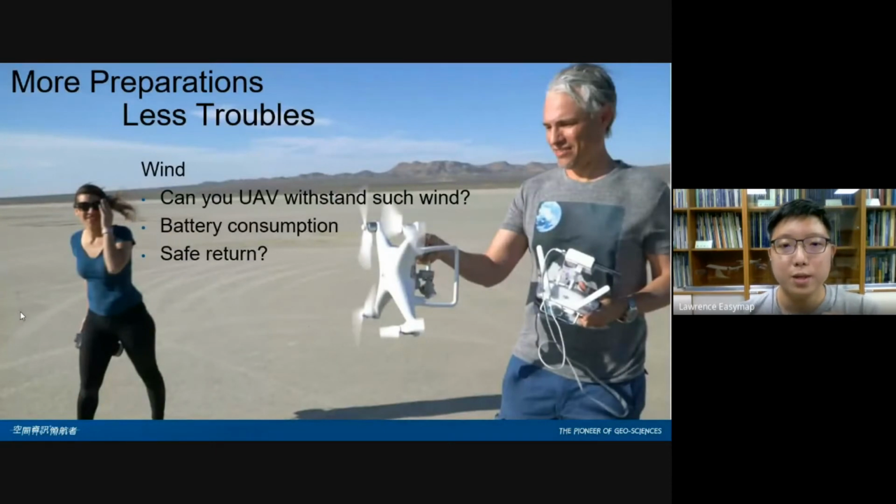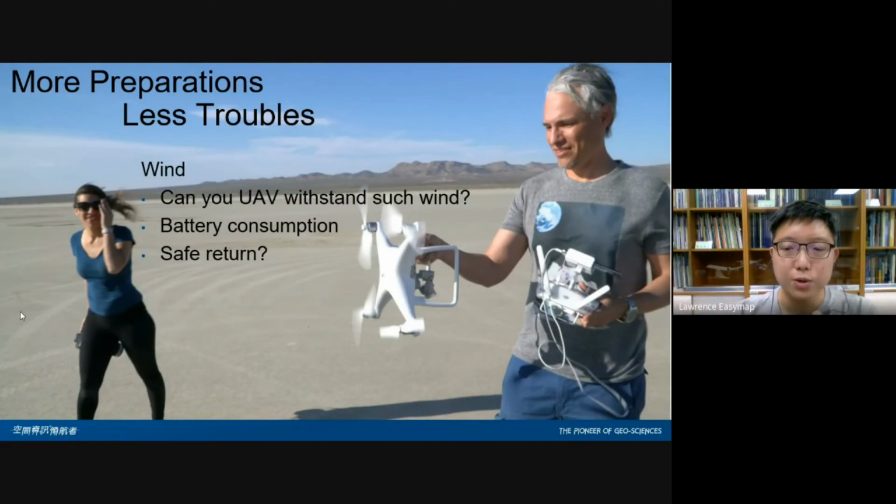Okay, wind is one of the main considerations when we operate the UAV. First of all, on a very windy day, can your UAV withstand such wind? Can it take off? Can it land safely?